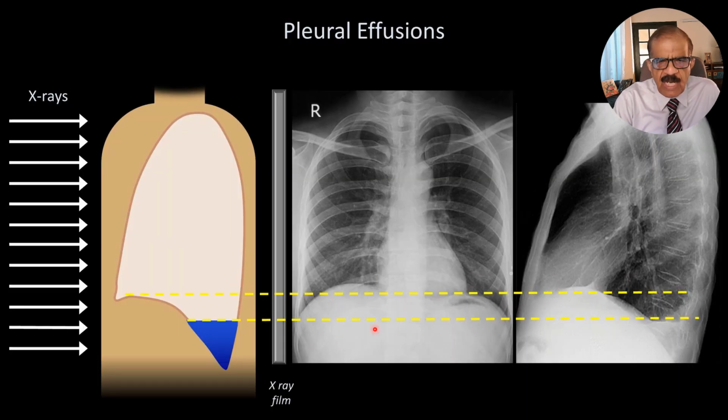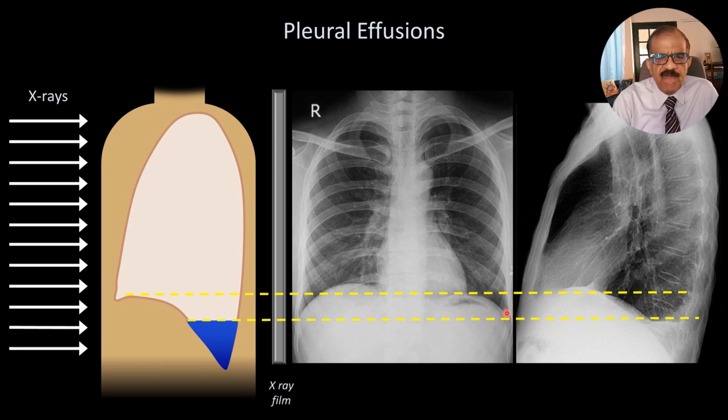If you see this kind of thing, and this, see, this is the part which shows pleural effusion. In a normal person, in a PA film, the cursor shows the most dependent part on the right side, and this is the most dependent part on the left side.